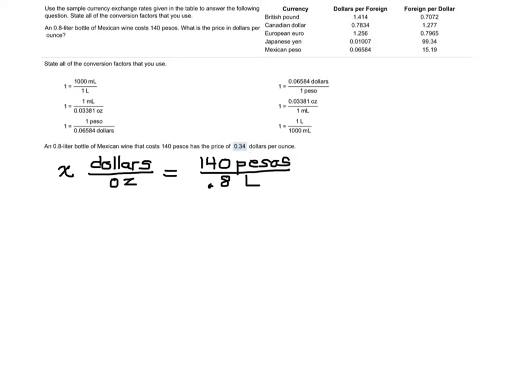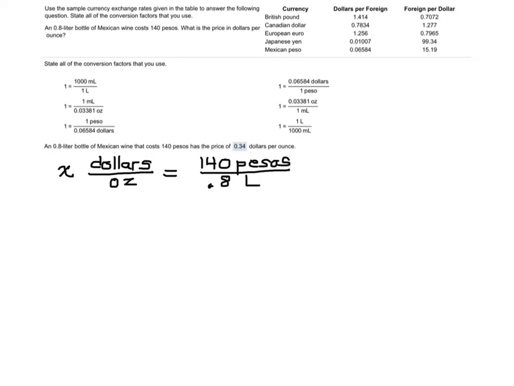Notice that I have the cost in the numerator, the volume in the denominator. So what I need to do is convert this fraction so that instead of pesos per liter, it becomes dollars per ounce.